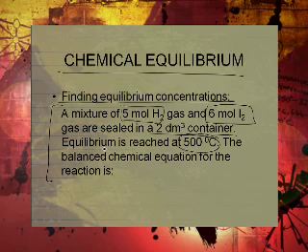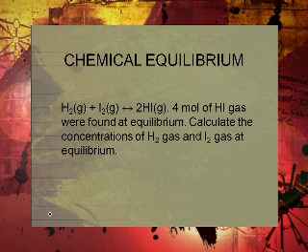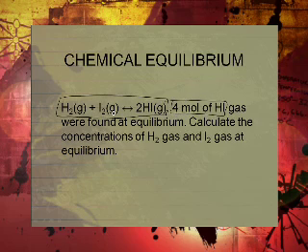The balanced chemical equation for the reaction, which will be given to us, is H2 plus I2, giving us 2HI. Now, 4 moles of HI gas were found at equilibrium. Calculate the concentrations of hydrogen gas and iodine gas at equilibrium.